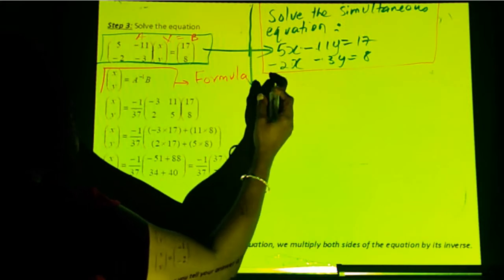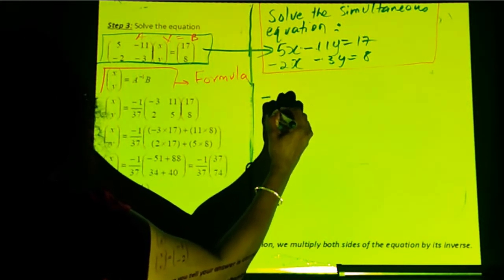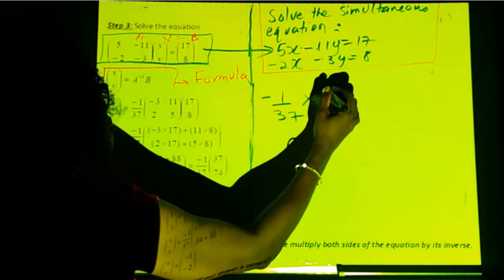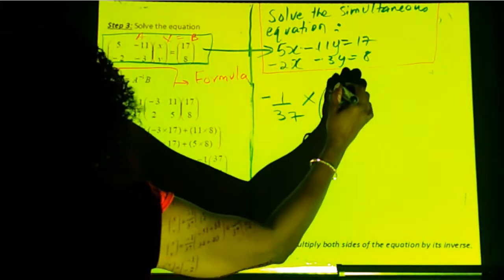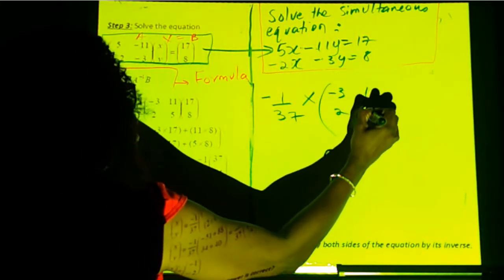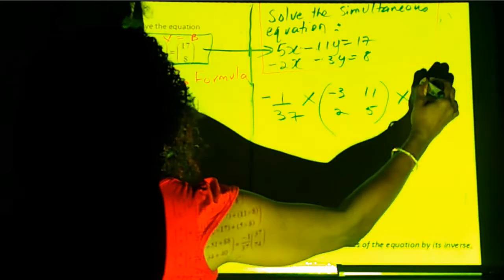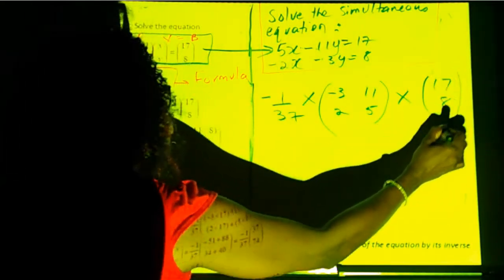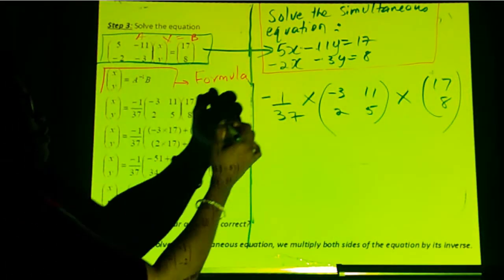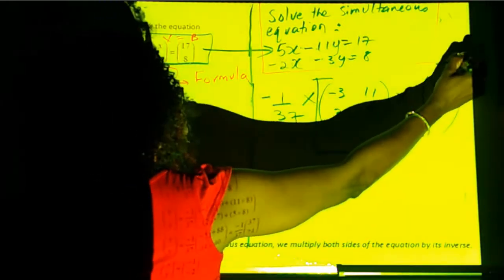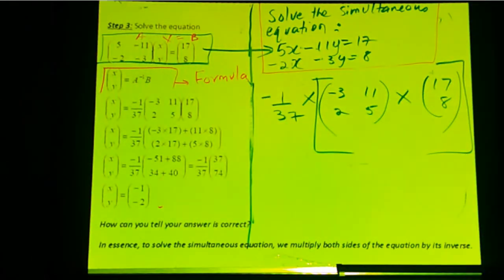And I'm going to write it much bigger over here. Negative 1 over 37 times, that's what it means, you know, negative 3, 2, 11, 5 times 17, 8. I prefer to multiply the two matrices first. Are you with me?